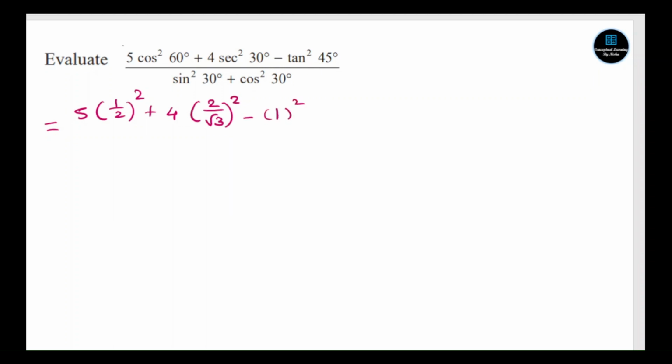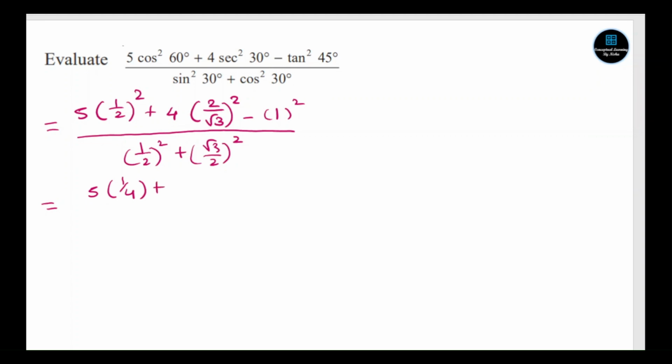So 1 square. I have substituted all the values. Okay. Now sin square 30 is (1/2) square plus cos square 30 is (√3/2) square. Alright. So I have substituted all the values of these specific angles. And now I'll simplify this. So 5 into 1/4 plus 4 into 4/3 minus 1 upon 1/4 plus 3/4.